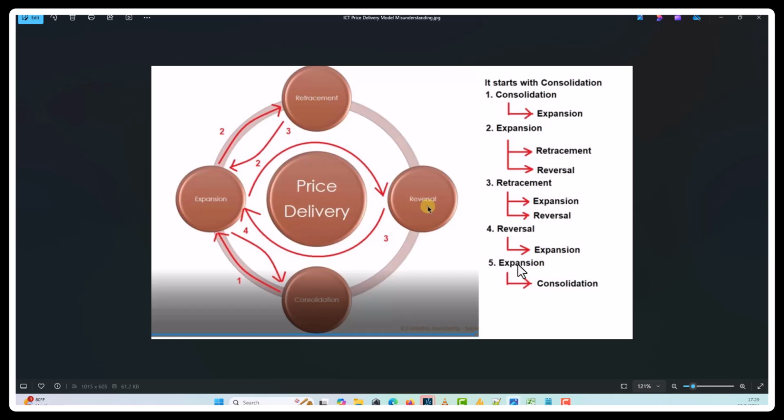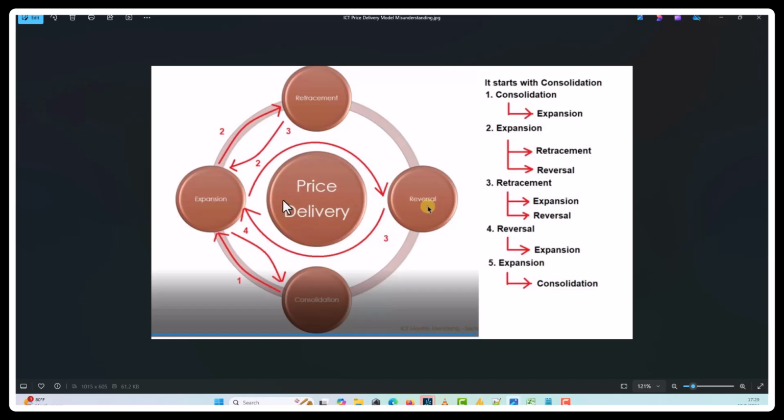Okay, so right here he put expansion to consolidation. So basically the steps are 1, 2, and then 3, it will be expansion. So the 4th, expansion and go to consolidation. So 1, 2, and 3, a little bit confusing right there.